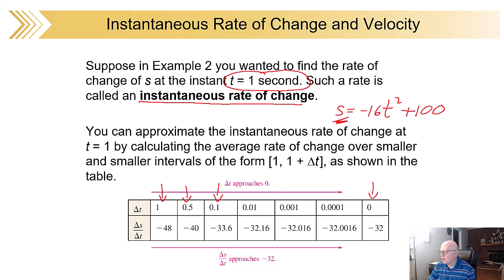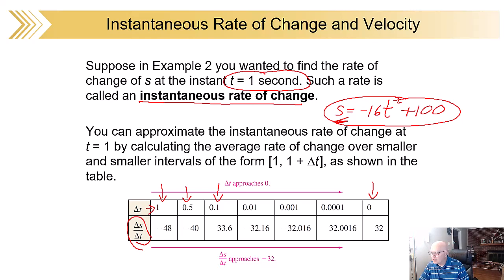Well, here are the values you can get from delta S, delta T. The T values you can get from this formula. Just put the associated values in here, and you can find out how the speed or velocity is changing.